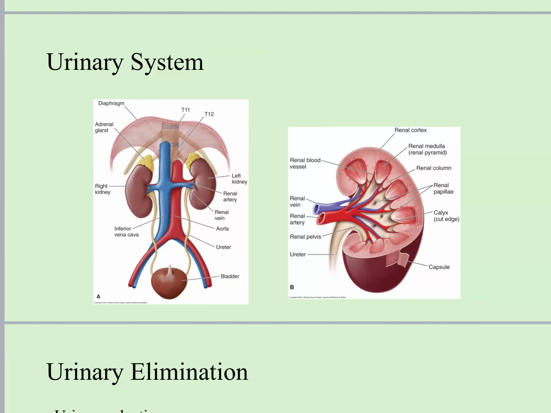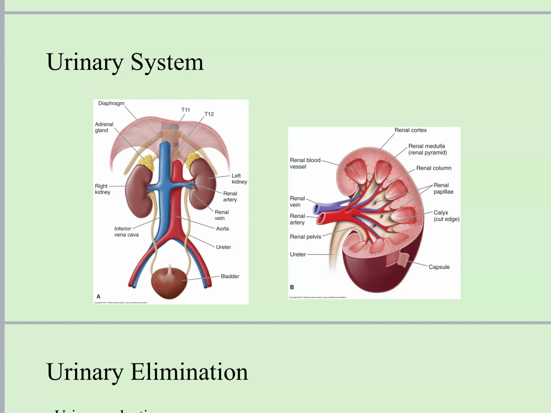And each renal artery enters the kidney at what's called the hilum. And so that is this little concave area where the vessels, the nerves, and the ureters all connect. And then once inside, the renal artery branches off and distributes blood throughout the organs.